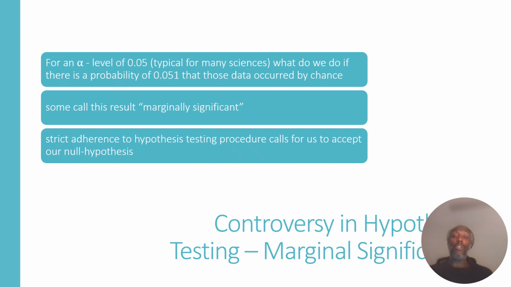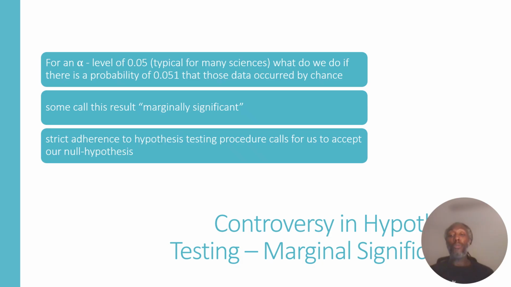And if we collect a larger sample, we may get a better picture of what the population looks like according to some metric. And so some people will use this idea of marginal significance to suggest that they should go and collect more data, that perhaps their data didn't properly represent the population. And if it did, then the results would be statistically significant.